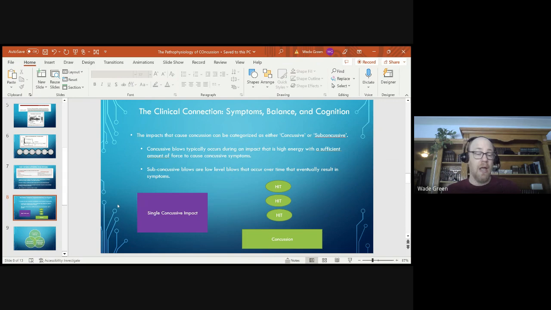All right. Conversely, we have another type of impact known as subconcussive blows. For example, you actually do see this from time to time. We used to see this now and again, actually a lot with our linemen, when I was the football AT at my last school, right?